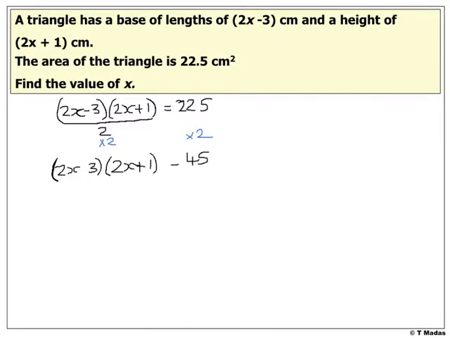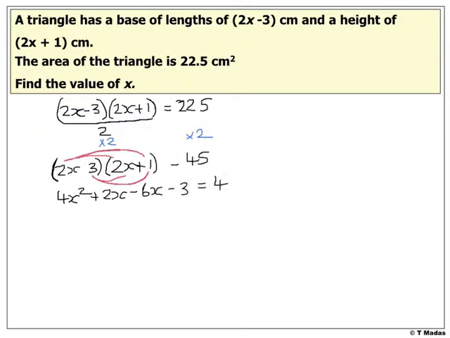So I need to expand these brackets here. 2x times 2x will give me 4x squared. And then 2x times 1 will give me plus 2x. Minus 3 lots of 2x will give me minus 6x. Then I've got minus 3 times 1, which gives me minus 3.